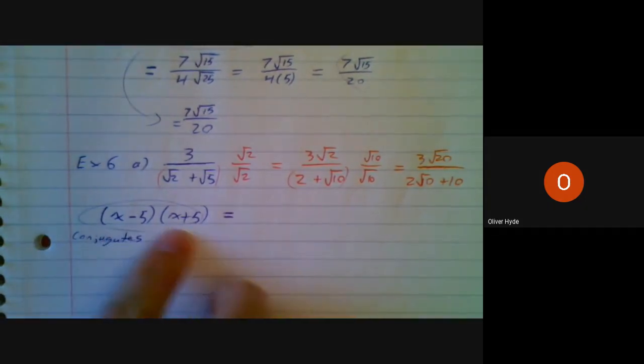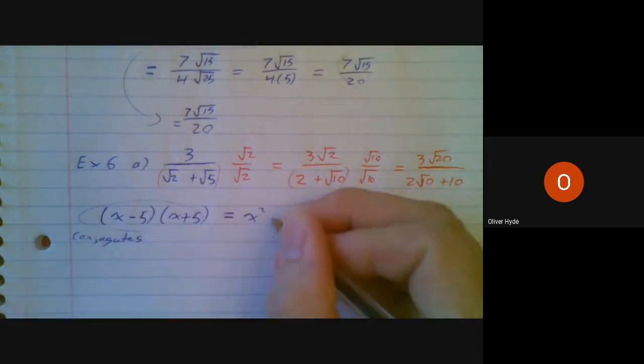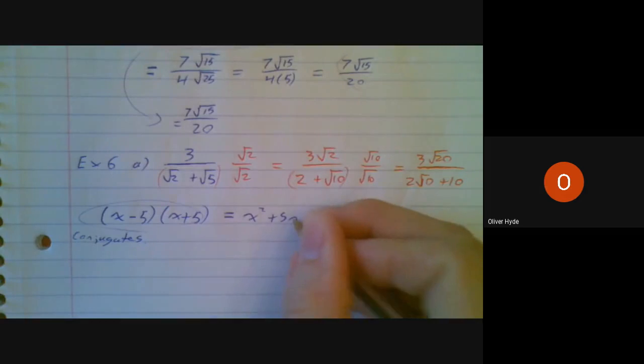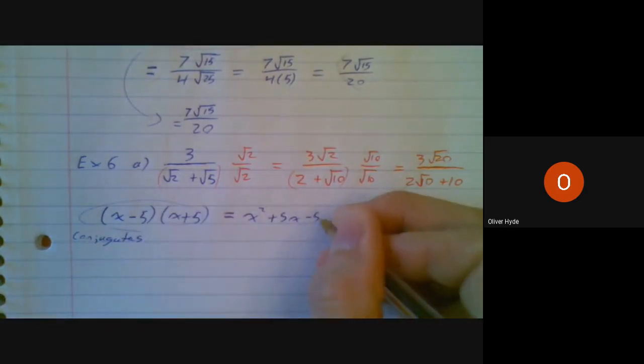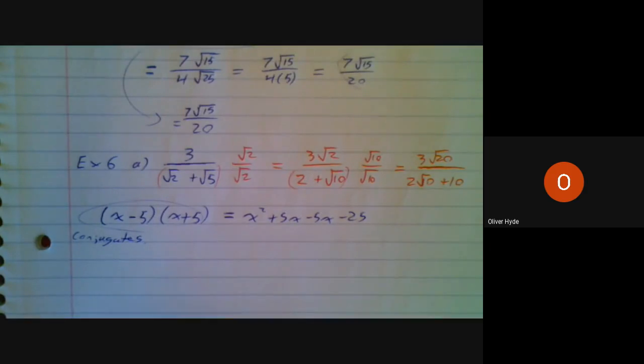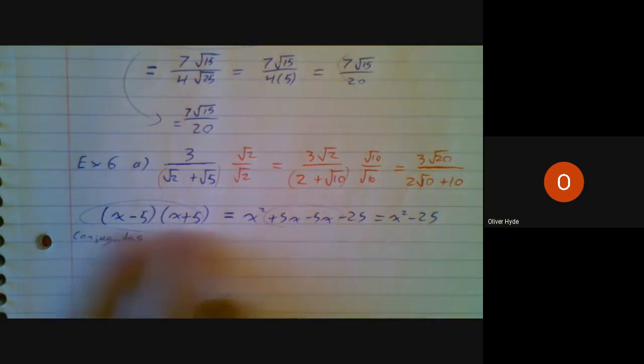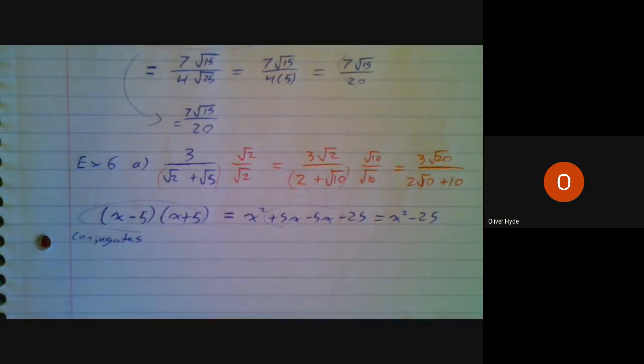We'll have an x times an x, an x times a 5, a negative 5 times an x, and a negative 5 times a negative 5. And when I multiply those conjugates, the reason why I get a difference of squares is because my interior terms will eliminate through addition or subtraction to 0. And I'm left with the square of the first term minus the square of the second term, if I want to think of it that way.